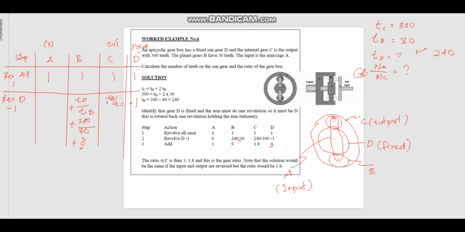So I times 8. In terms of direction, since the meshing between B and C is internal gear, it should be in the same direction as B. Since B is plus, this is also plus.